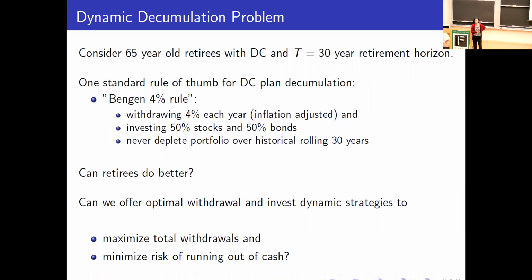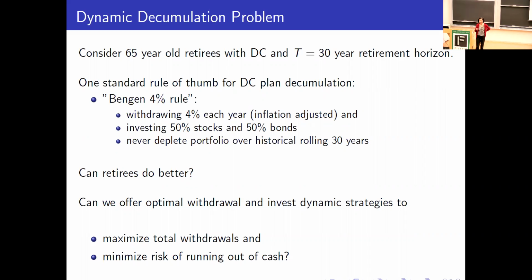Okay. So the problem is that, imagine a scenario: I'm 65 years old, retiring with a defined contribution plan, having accumulated a large amount of money, and I'm planning to live for another 30 years, an investment horizon of 30 years. The popular industry rule of thumb to do this is called Bengen's 4% rule.